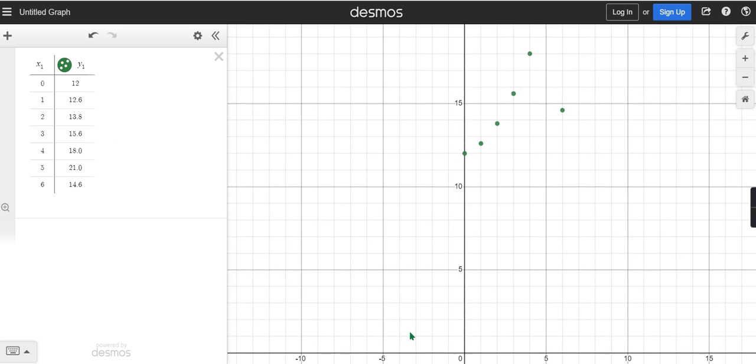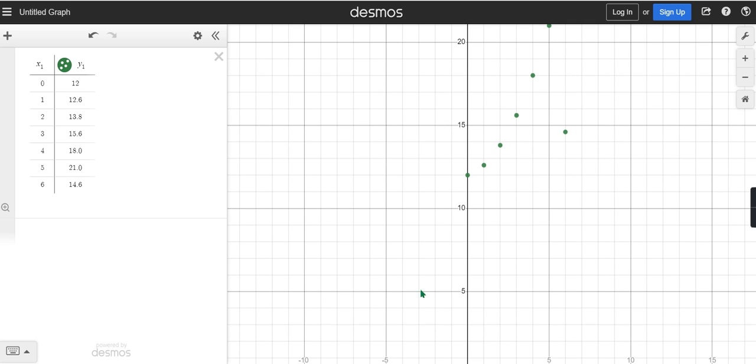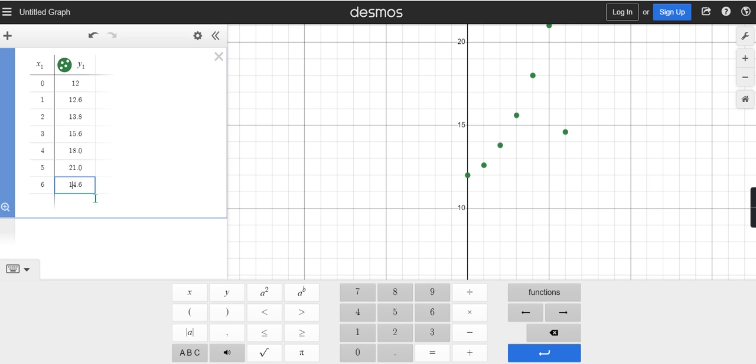I can also hold down the right mouse button and scroll. I see I made a mistake with one of them, so let me just check all my numbers. Yeah, there's the mistake. Okay, the last one is 24.6.